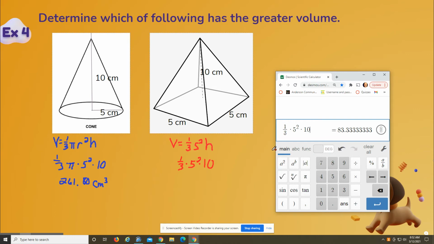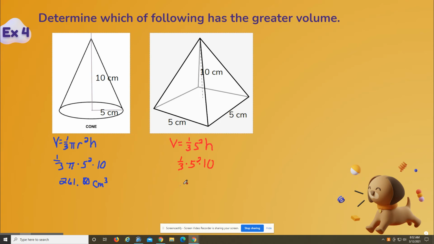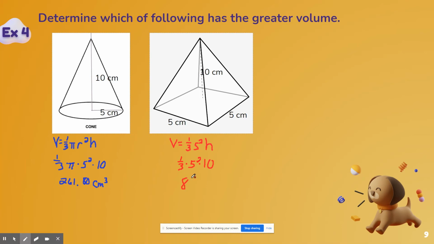And we come out to be 83.333. So we're going to leave this as 83.33 centimeters cubed. We can clearly see that 261 is bigger than 83. So we know that this cone is larger than this pyramid.